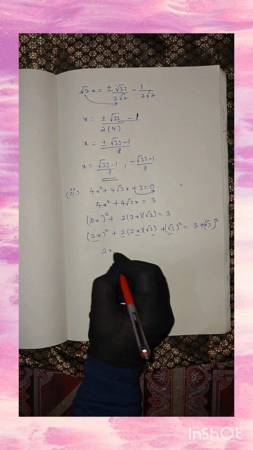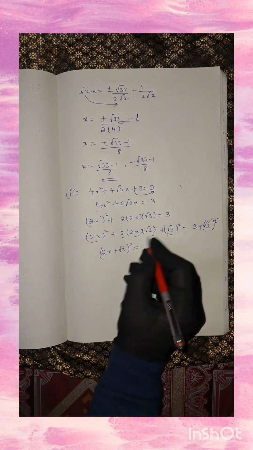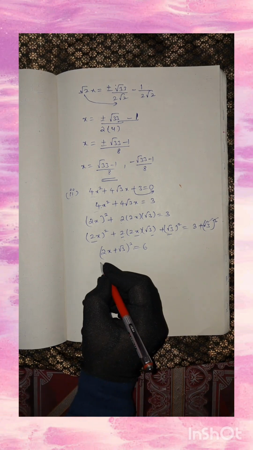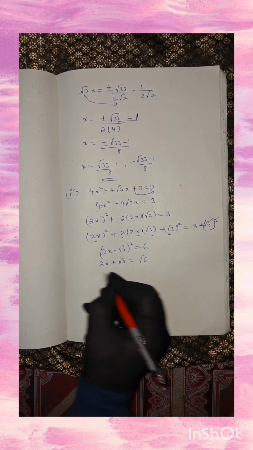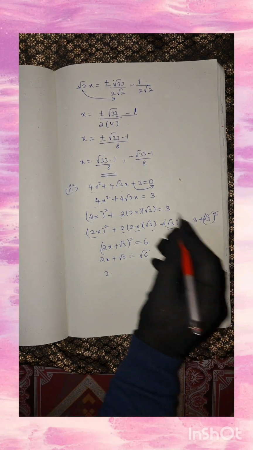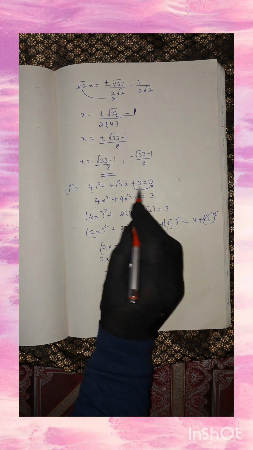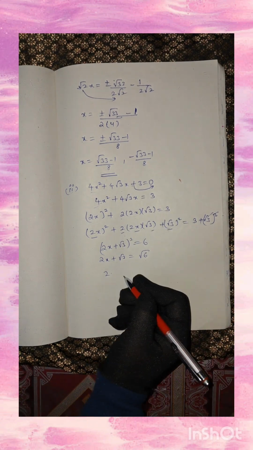So 2x plus root 3 whole square is equal to, square root cancels again, minus 3 plus 3 is 6. So 2x plus root 3 is equal to plus or minus under root of 6, right? This is plus 3, minus 3 I send to that side.